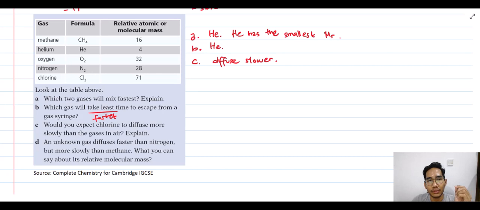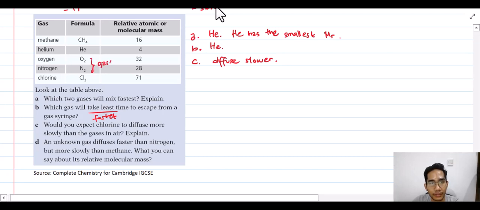Because we need to answer this, we need to take into consideration what the gases in air are. From the combined science that you already learned at grade 7 and 8, you will know that air is comprised mostly of oxygen and nitrogen, in which nitrogen is the most abundant gas in air, followed by oxygen.